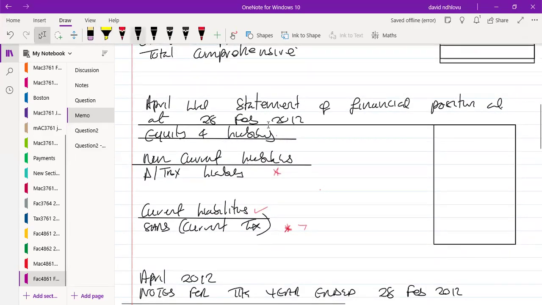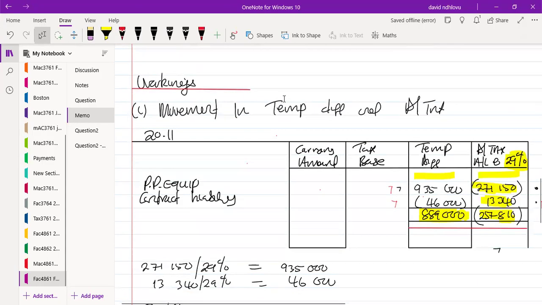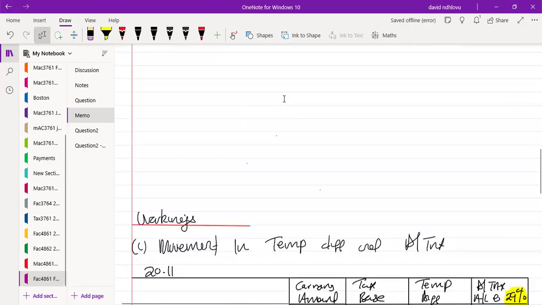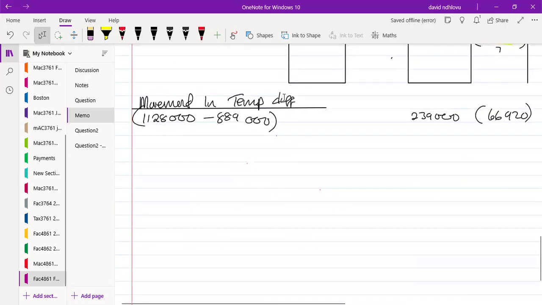This goes here in the statement of financial position under the non-current liabilities. So that was your deferred tax balance at the end of the current year. Right? Any questions, good people, up to where we are? Right, are we clear?